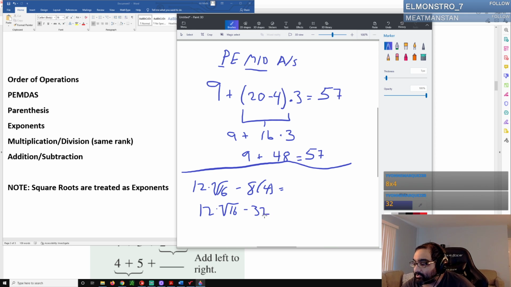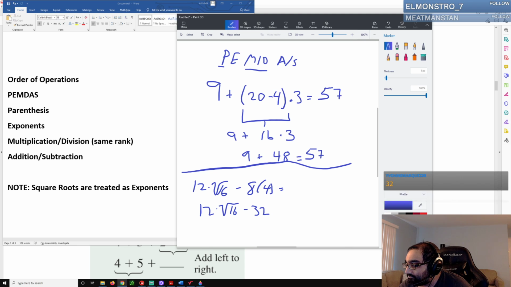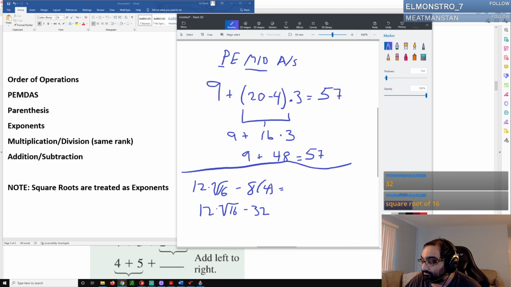What do we have to do next? Square root of 16.